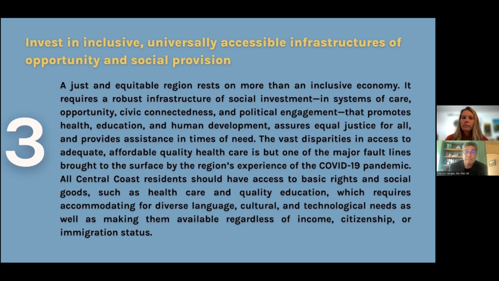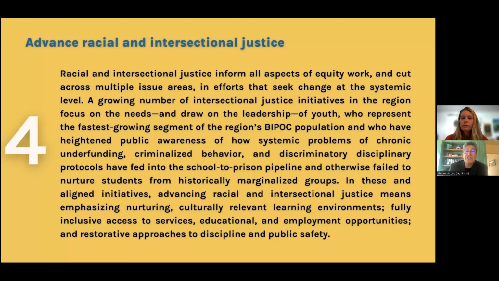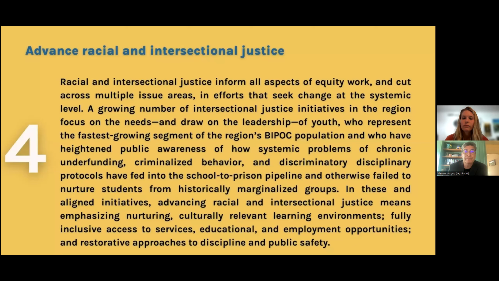Number four, advance racial and intersectional justice. As we all know, the transformation to a more just and equitable region requires systemic change, and therefore this must be informed by racial and intersectional justice that cuts across multiple issue areas.